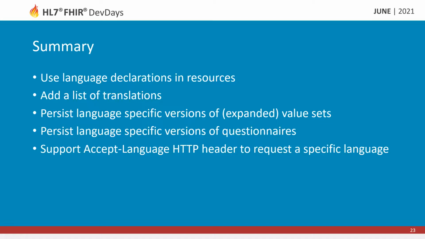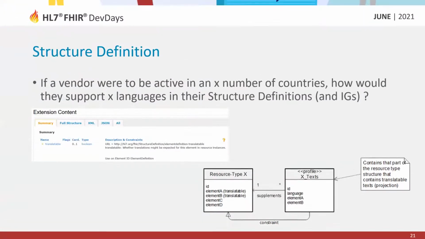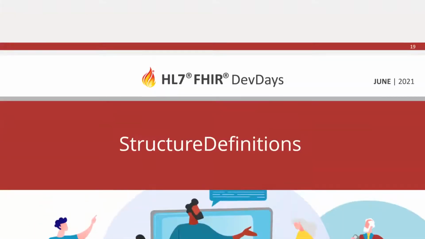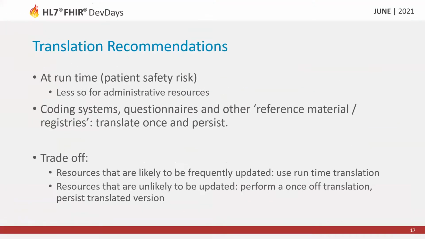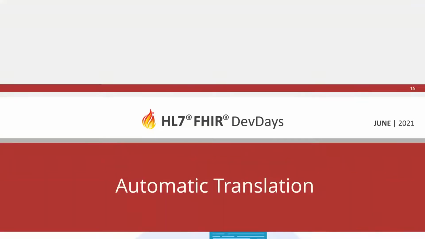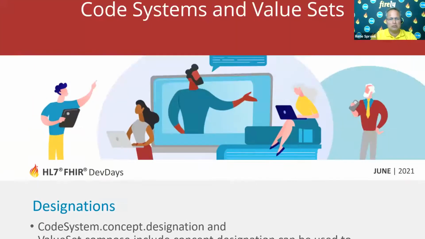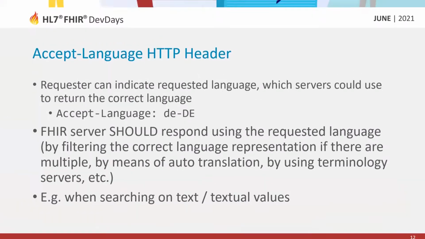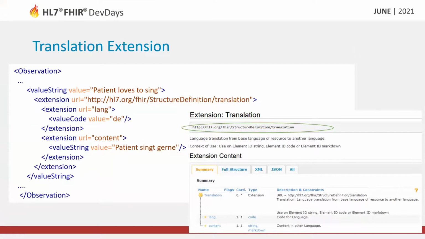Well, it's meant to be used with the translation extension. You indicate the translation extension, the language, the code. Then you can use a string or a markup.